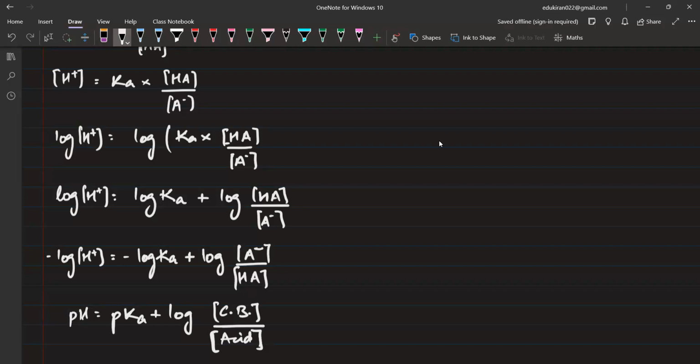Please copy this down. This is for acidic buffer. You can raise your hand once you're done writing.